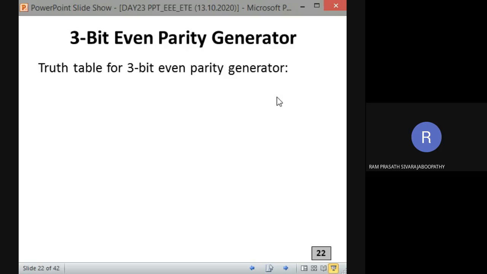So we are going to go straight to the truth table. We consider A, B, C as the 3 inputs. If I am saying 3 inputs, how many possible input combinations can I have? How many combinations will the truth table have? How many minterms will there be?